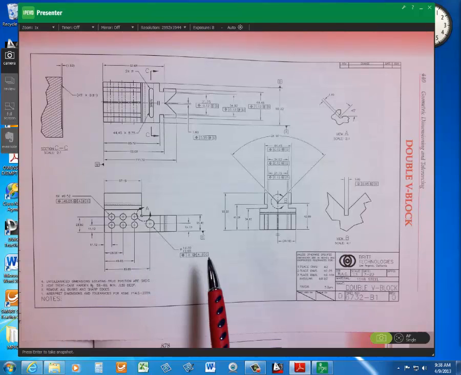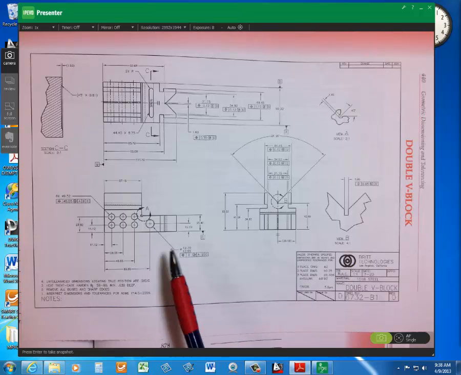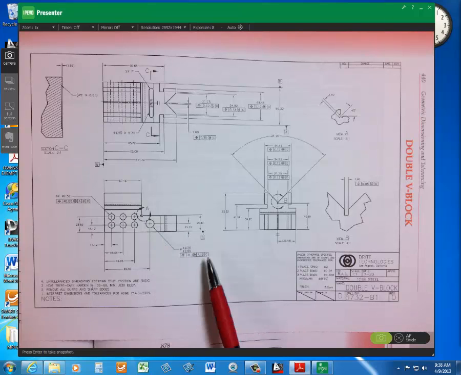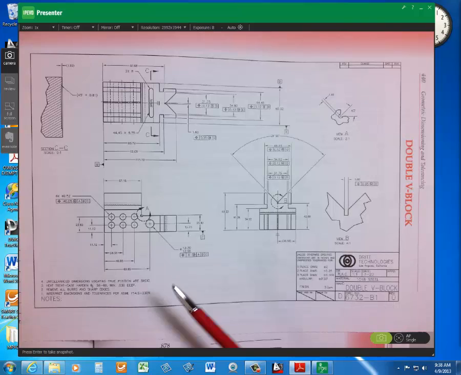Now, it's also curious because this hole that's fairly precise as far as its position also doesn't have basic dimensions. It's a 2-place decimal. Now, is this inch or metric? It's metric, is it not?